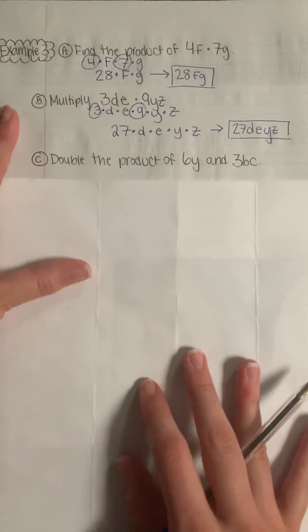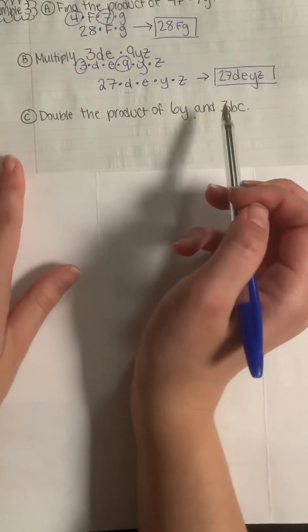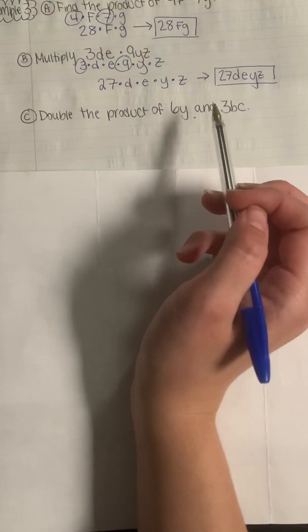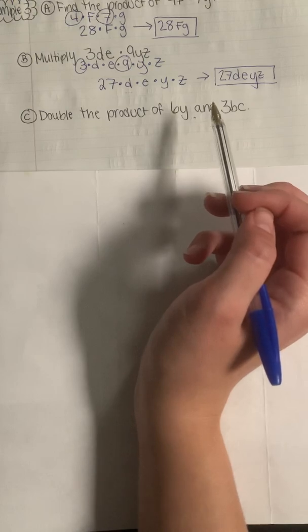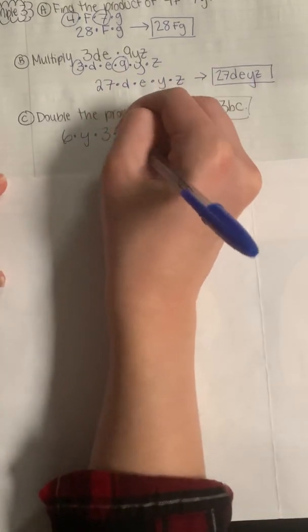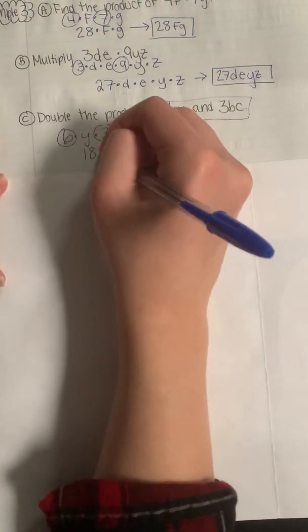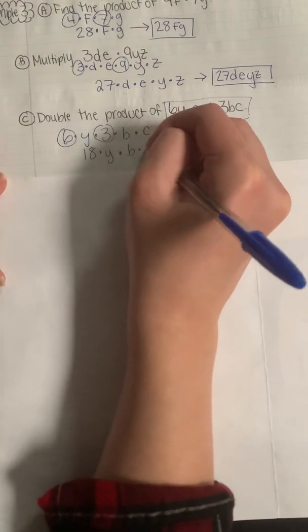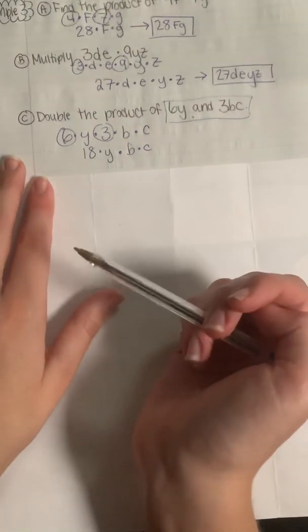All right, and then the last one like this, double the product of 6Y and 3BC. Okay, so let's just start with this chunk here. We have 6 times Y times 3 times B times C. I can do 6 times 3 is 18, then times Y times B times C. But when they tell me to double that, they mean to multiply it by 2.